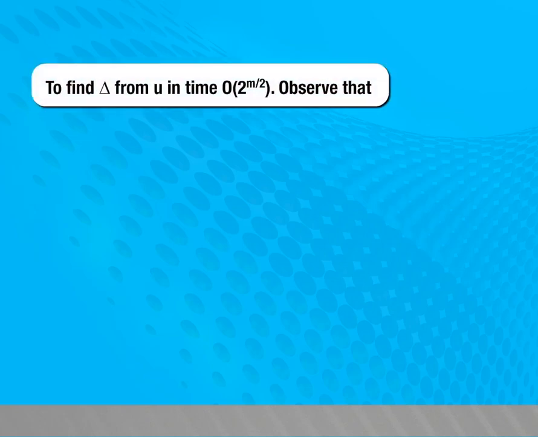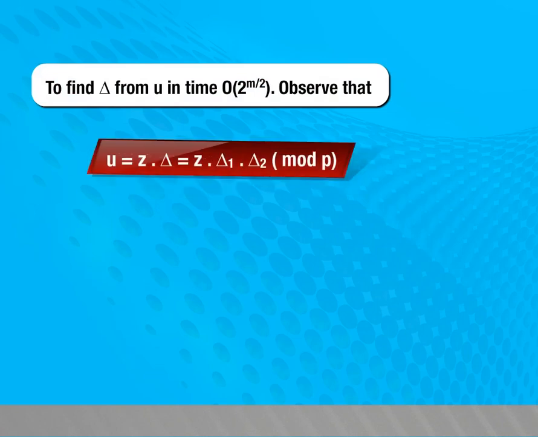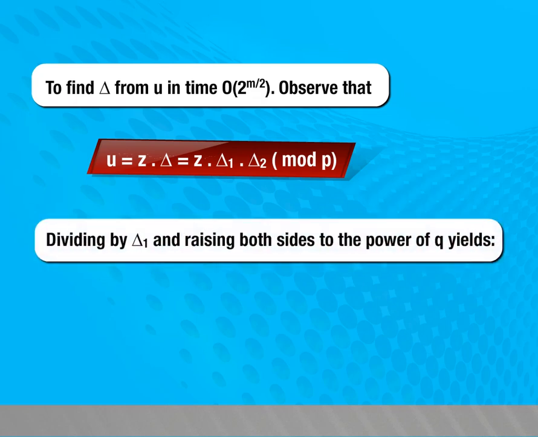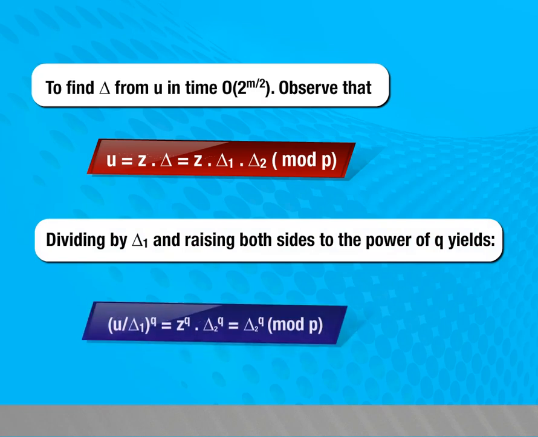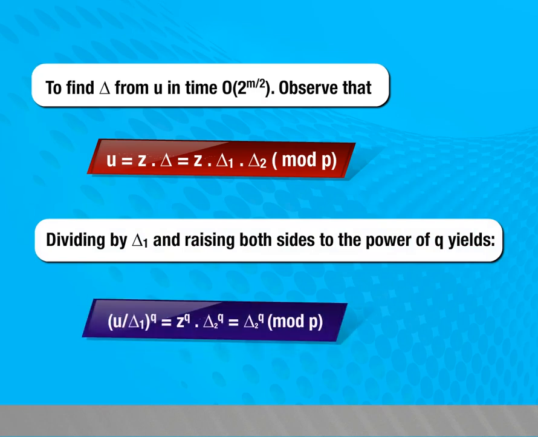To find delta from u in time order of 2 power m over 2, observe that u equals z times delta equals z times delta 1 times delta 2 mod p. Dividing by delta 1 and raising both sides to the power of q yields (u over delta 1) to the power q equals z power q times delta 2 power q equals delta 2 power q mod p.